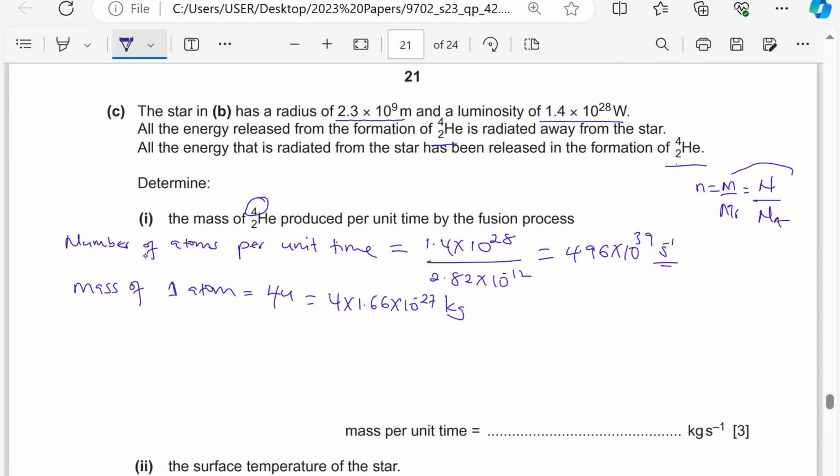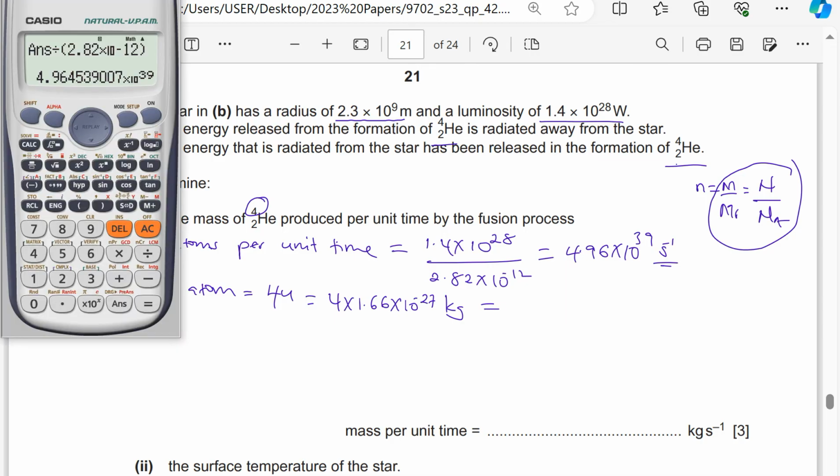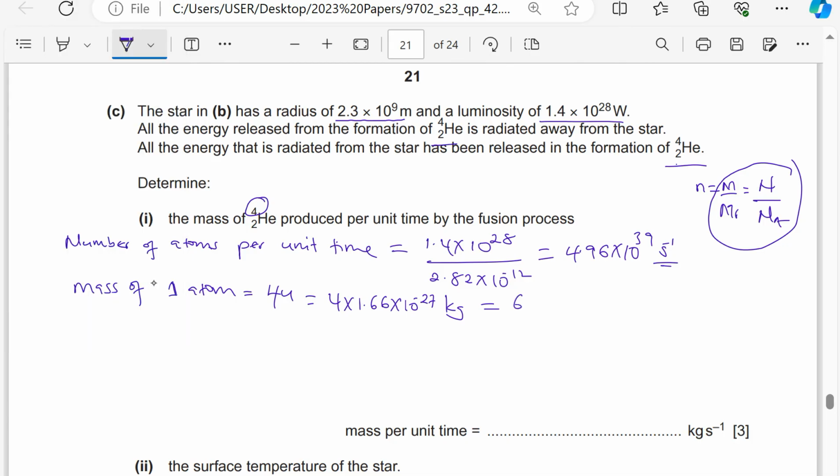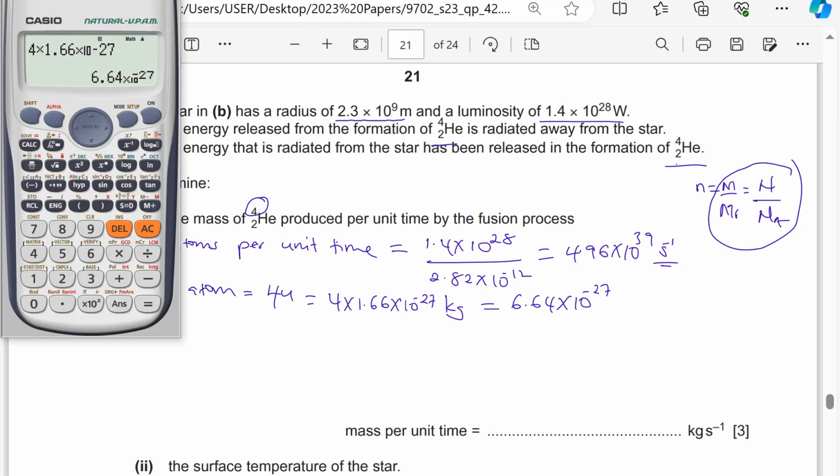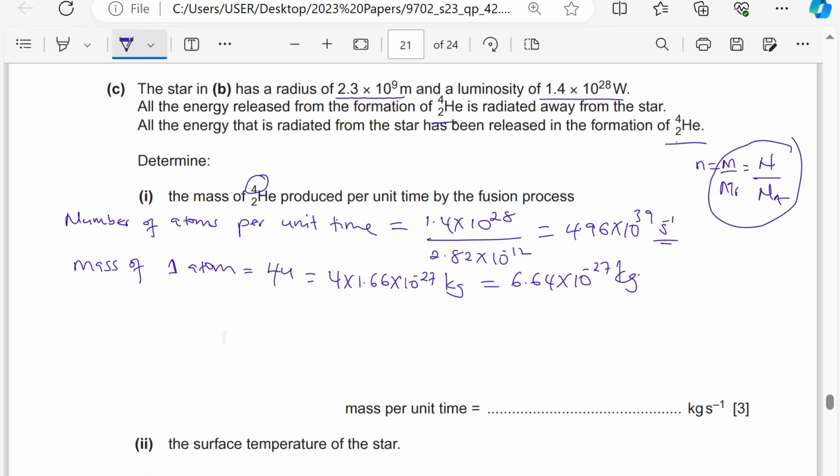Alternatively, I could use N over Na times the molar mass, which would give me the same answer. So this is 4 times 1.66 exponent minus 27, that is 6.64 times 10 to the power of minus 27 kilograms. That's the mass of one atom.